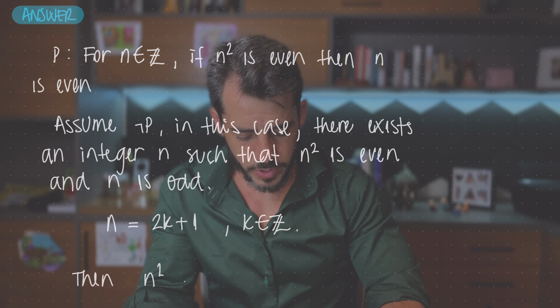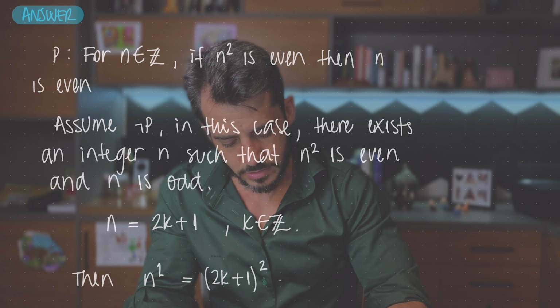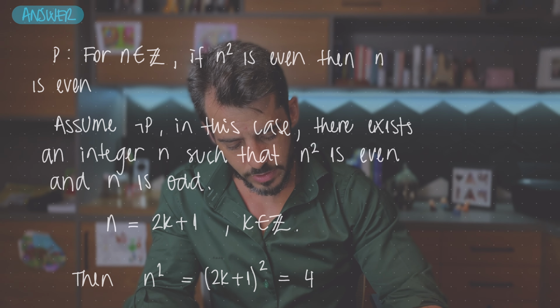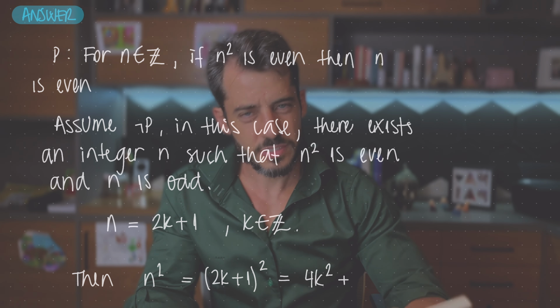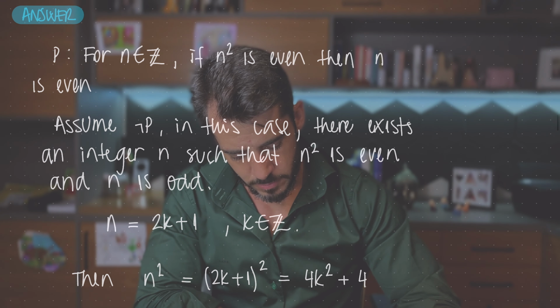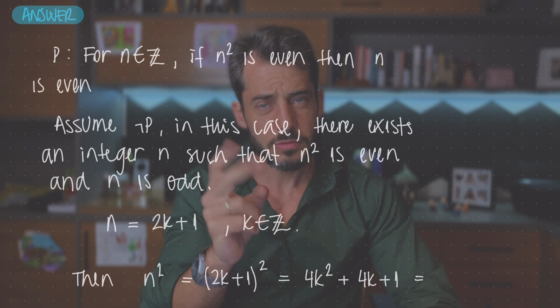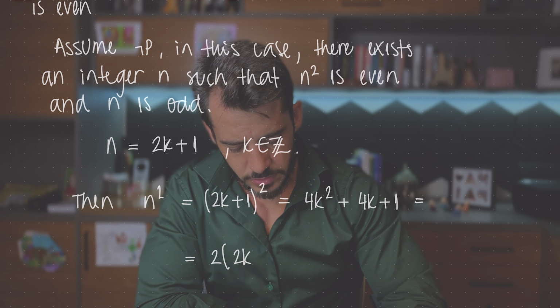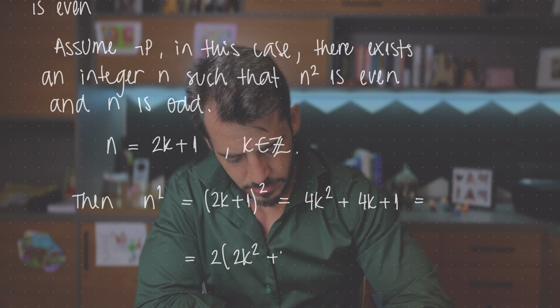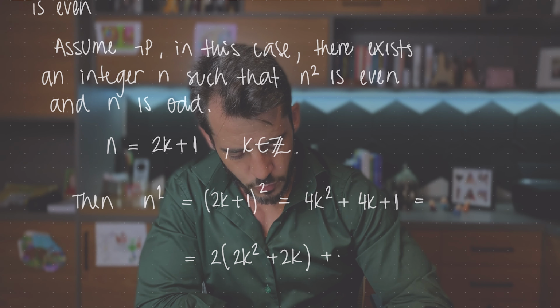Then n squared, which is 2k plus 1 squared, is equal to 4k squared plus 4k plus 1. Now we're just expanding this binomial. We can factor out a 2 in the first two terms of this expression, 2 times (2k squared plus 2k), plus 1.